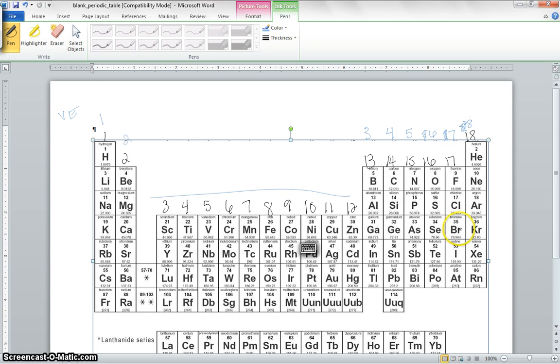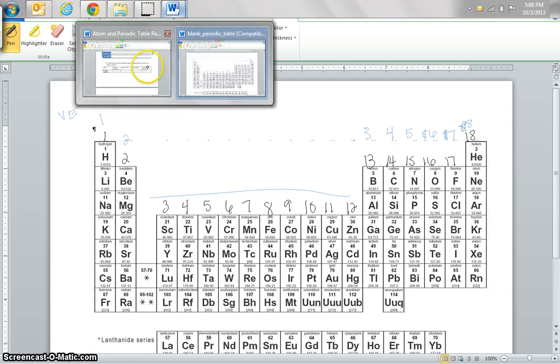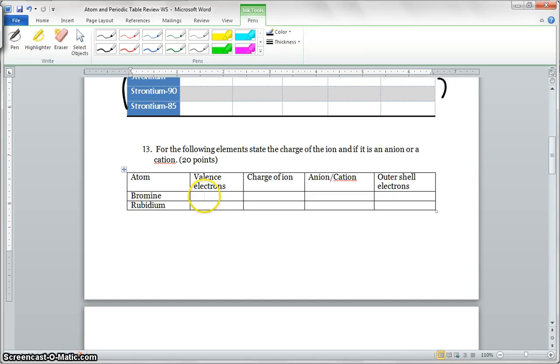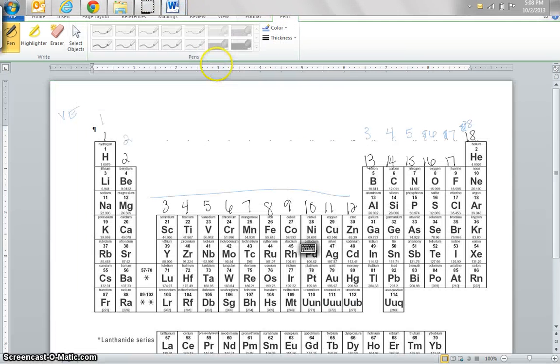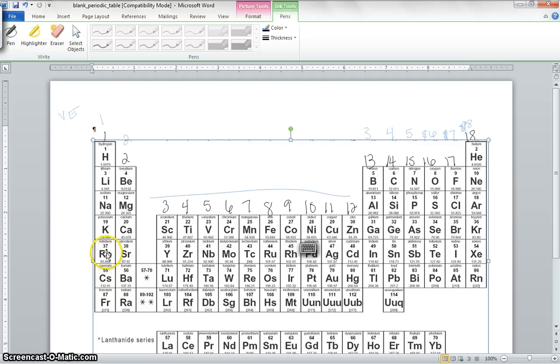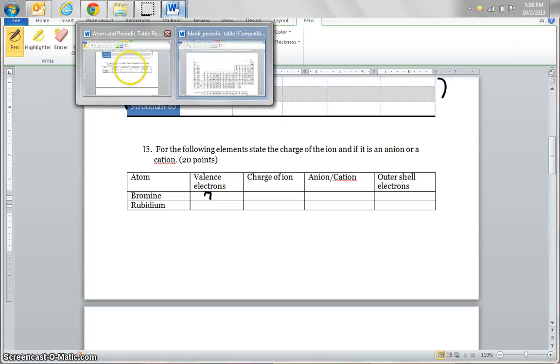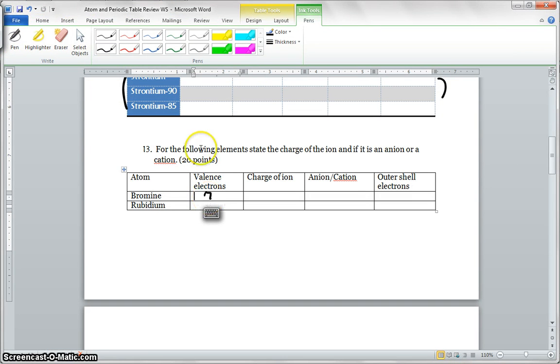So if we look at bromine, it's in group 17, so we know it has to have 7 valence electrons. Then if we go back and look at rubidium in our periodic table, rubidium is number 37, Rb. It's going to be in group 1, so it has to have 1 valence electron.